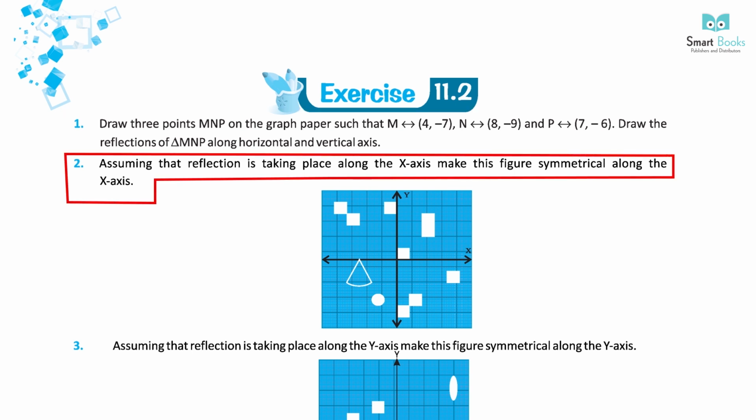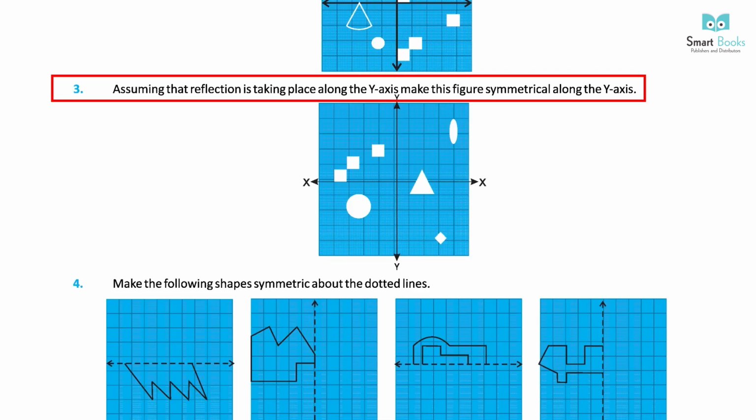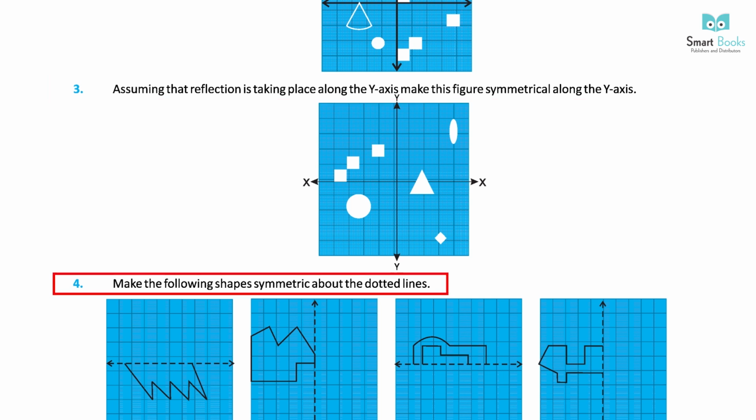Assuming that reflection is taking place along the x-axis, make this figure symmetrical along the x-axis. Question 3. Assuming that reflection is taking place along the y-axis, make this figure symmetrical along the y-axis. Question 4. Make the following shape symmetric about the dotted lines.